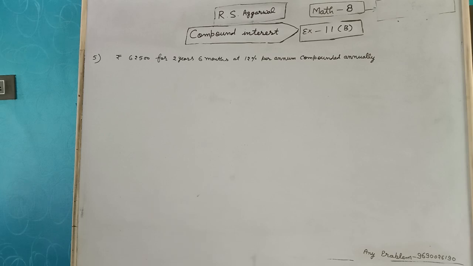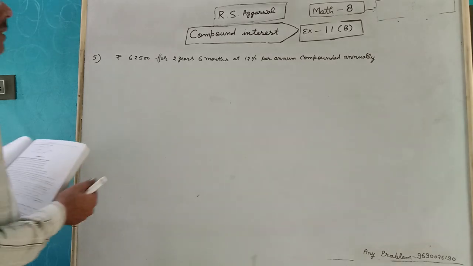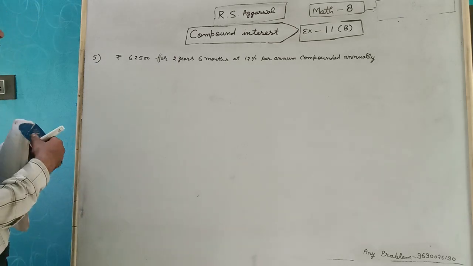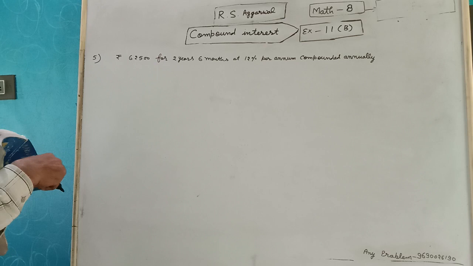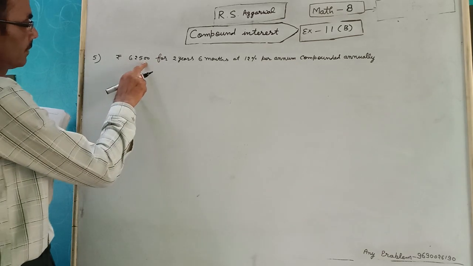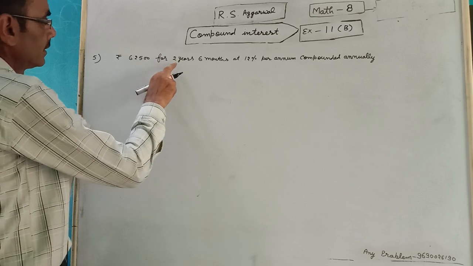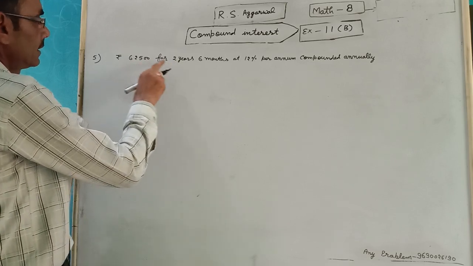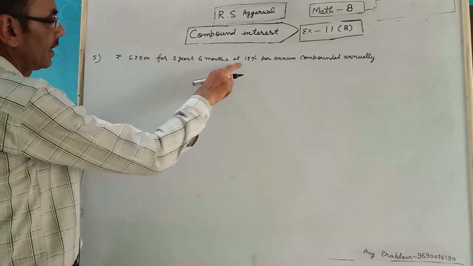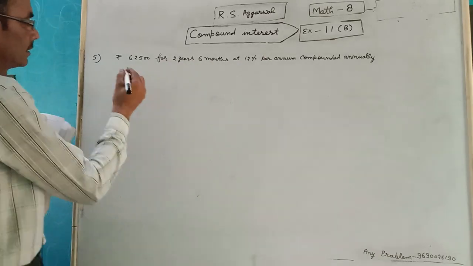8th class student, exercise 11B, compound interest, question number 5. 62,500 is P and time will be 2 years and 6 months, R will be 12.